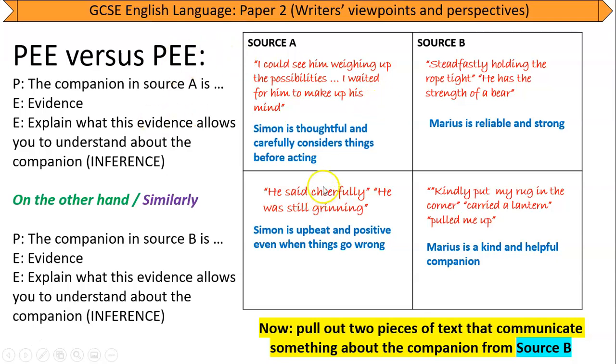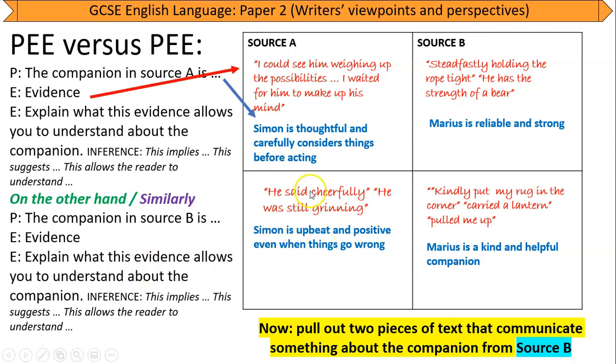Now, I am going to model this first point. I'm going to compare Simon being thoughtful and considerate compared with Marius being reliable and strong. I'm going to model that using a PEE. So what would it look like? For my point, I'm going to summarise what Simon is like. I'm going to use my evidence here to back up my summary.